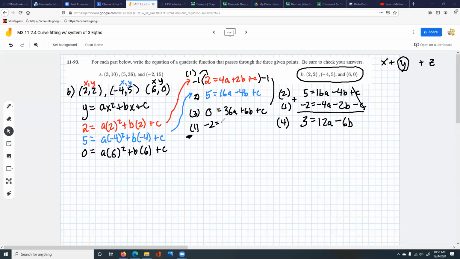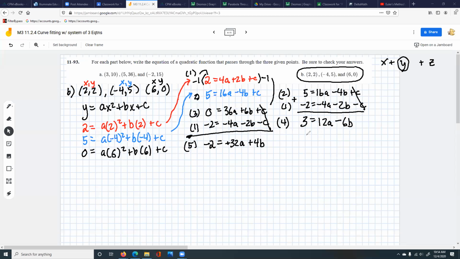Negative 2 equals negative 4a minus 2b minus c. Okay, the c's are going to go away. 0 minus 2 is going to be negative 2 equals, I'm sorry, positive 32a plus 4b. This is equation 5.